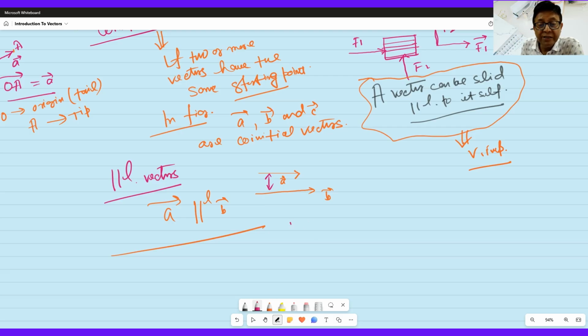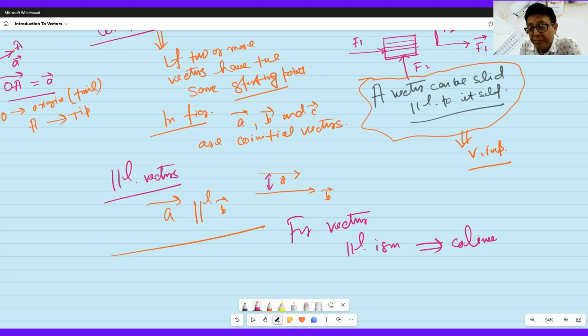So for vectors, parallelism implies collinearity. Never forget this. Parallelism and collinearity, there is no difference. In case of vectors, parallelism means collinearity of vectors.